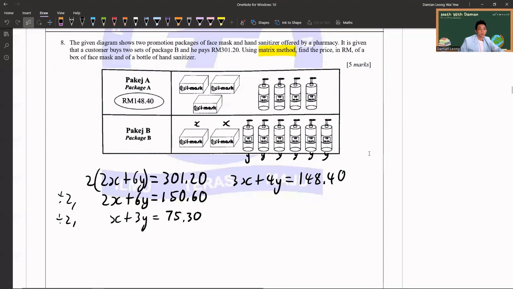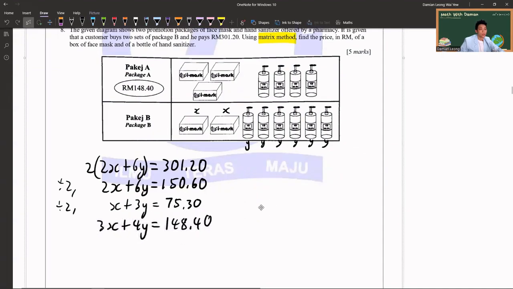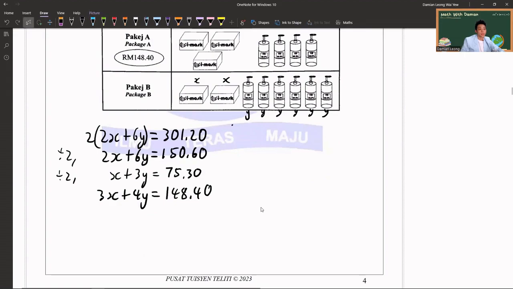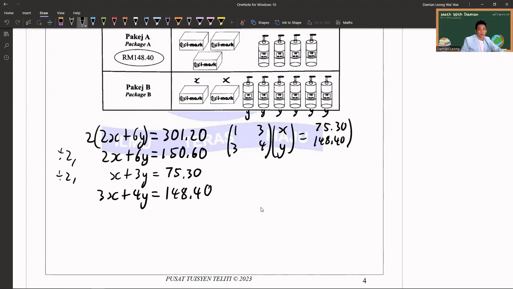So I can straight away use this to form the matrix. So follow the numbers in front, 1, 3, 3, 4 times xy equals to 75.30, 148.40. So to get xy, I times by the inverse of this.